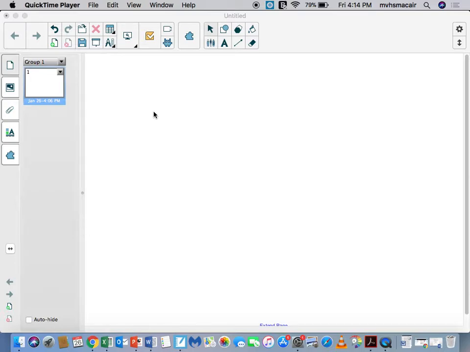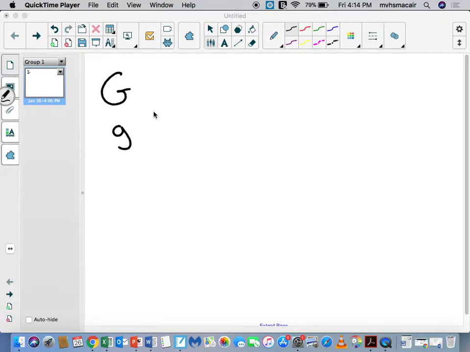Let's say we're dealing with a frog now. This frog has a dominant trait of green skin, and let's go with yellow skin for the recessive trait. We'll say green is dominant.